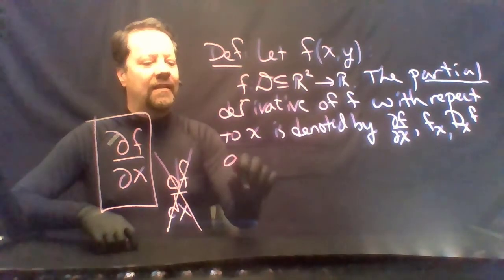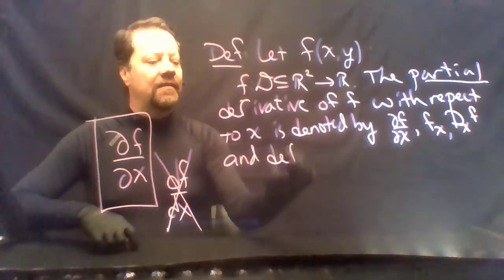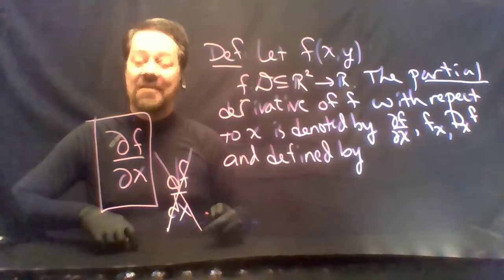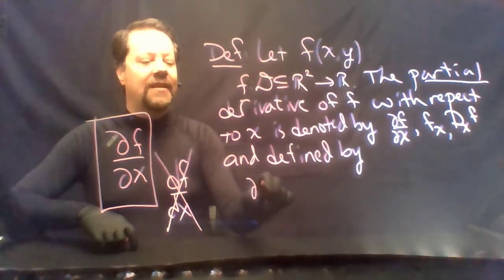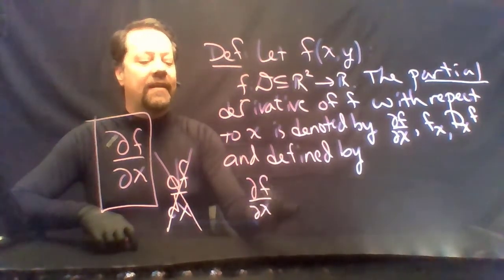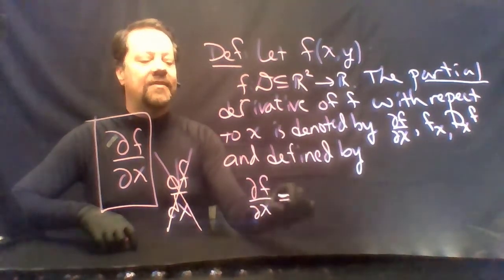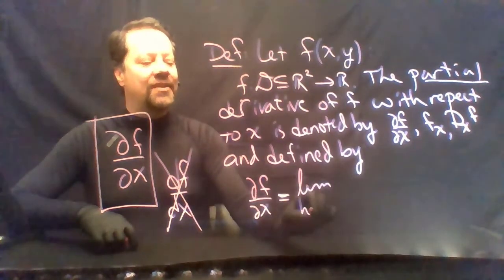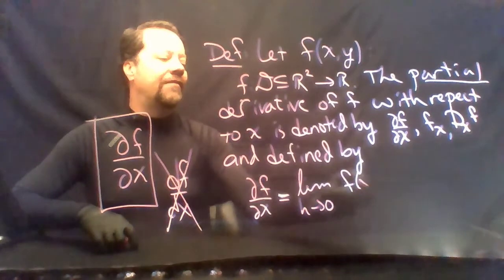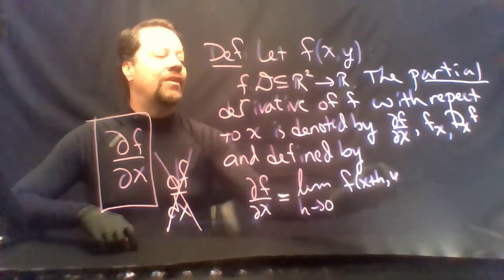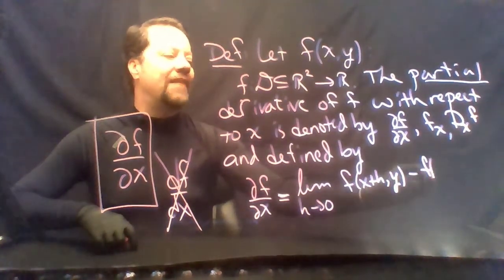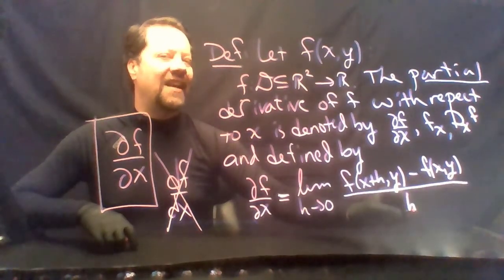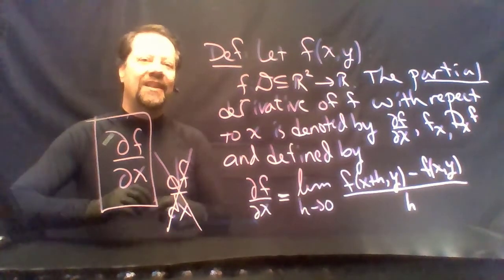Now, how is it defined? The good news is it's defined in a way very much analogous to that in Calculus 1. We'll take the limit as h goes to 0, f of x plus h, comma y minus f of x, comma y divided by h. Can you see what we're doing here?